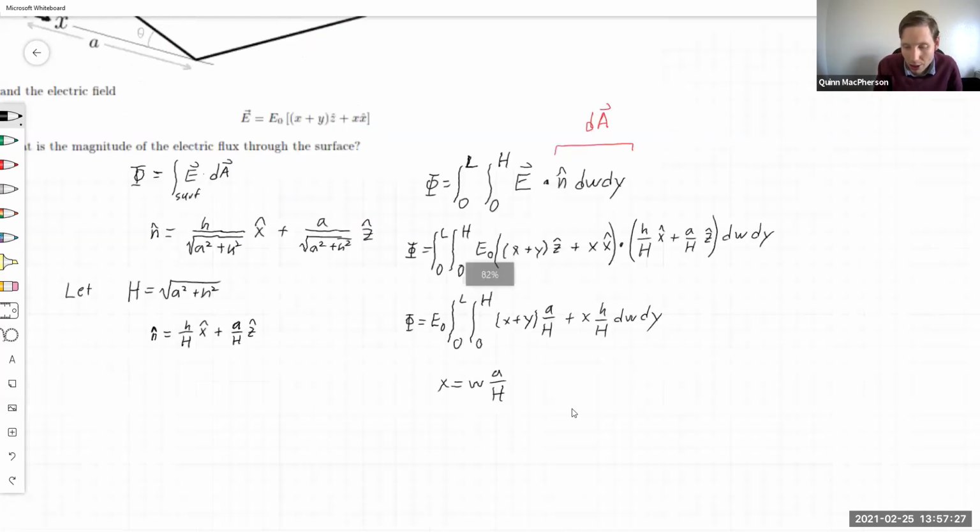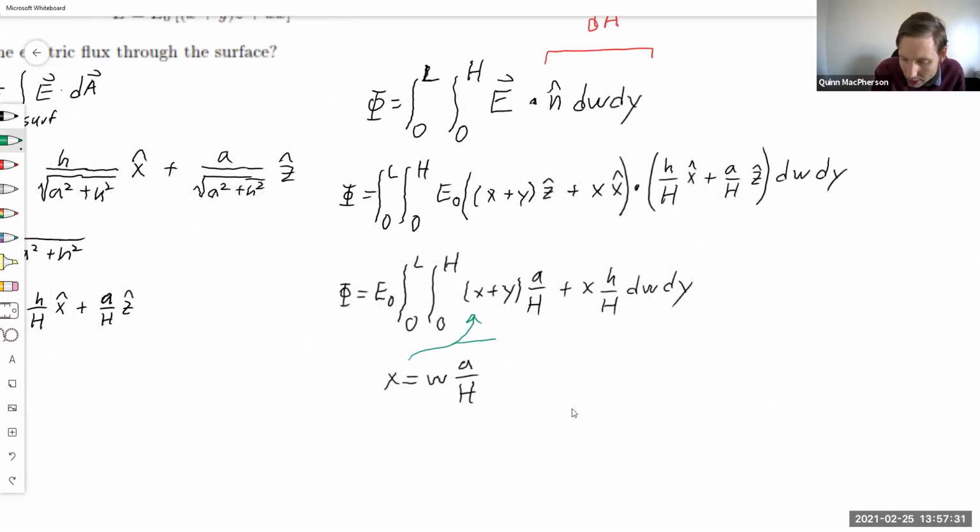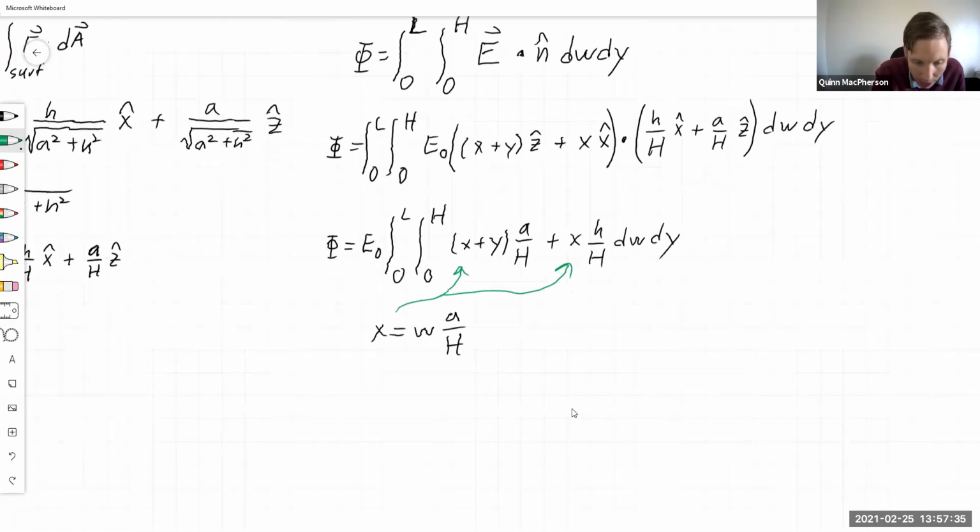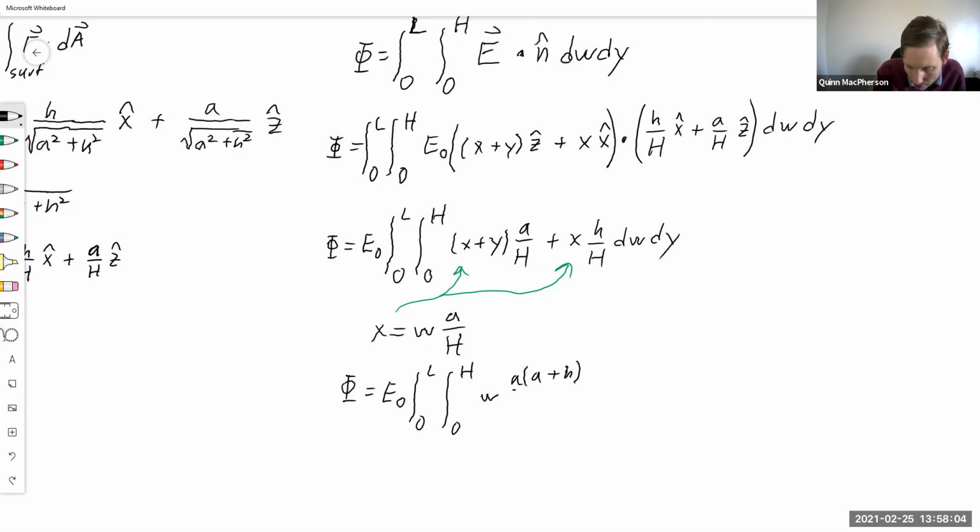If I plug that in for my x's, and I'm also going to do some rearranging, then I'm going to get phi is equal to E naught integral from 0 to L, integral from 0 to H. I'm going to pull the x's together and turn them into a w a over h, and I get w (a plus h) over h squared plus y a over h, dw dy.